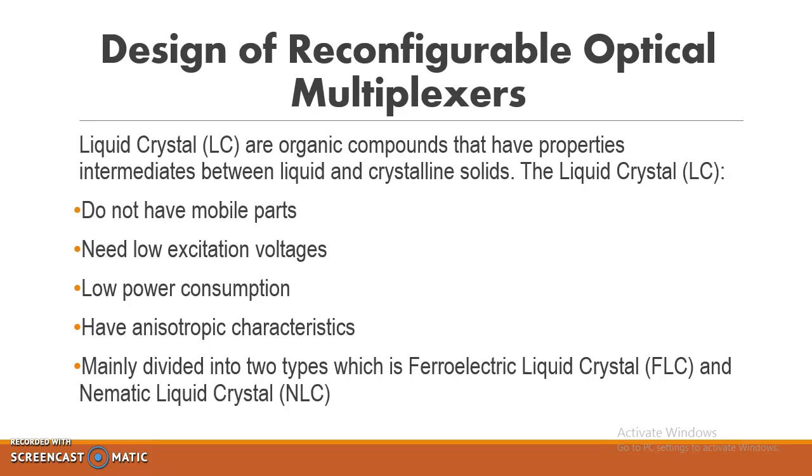The liquid crystals do not have mobile parts, need low excitation voltage, and have low power consumption. They have anisotropic characteristics such as dielectric constant or refractive index like solids. Simultaneously, they are fluids.